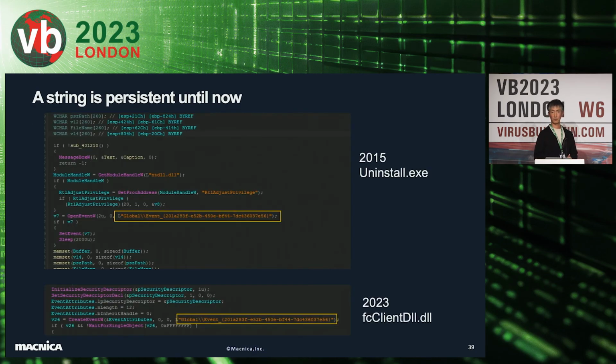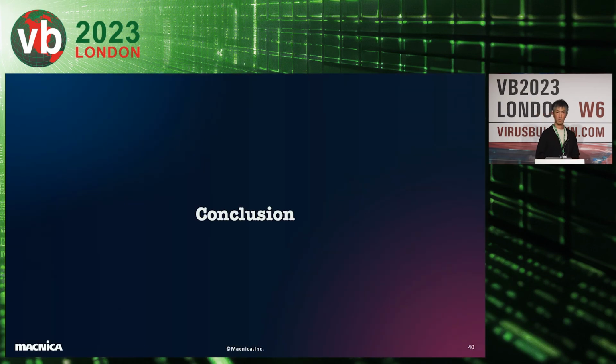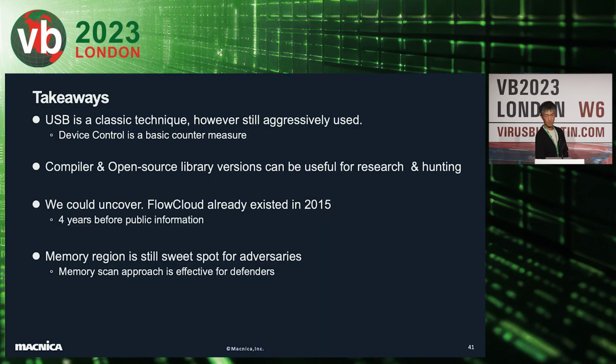From the defender's point of view, we can get some useful information from the decrypted code. The 2015 installer and this year's 2023 FC Client DL still share a common event name. So we can use this information for detecting the malicious payload. So, conclusion: USB is a classic technique, but still aggressively used and effective.